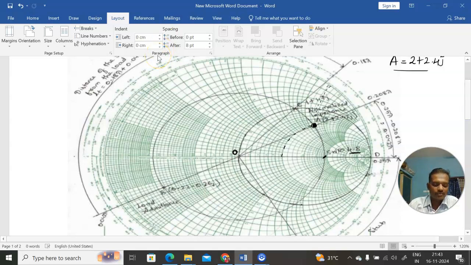Okay, now we have to find the point B. Okay, so the first step is marking A, then the second step is marking O as a center. The third step is we are completing the circle and finding the SWR value.